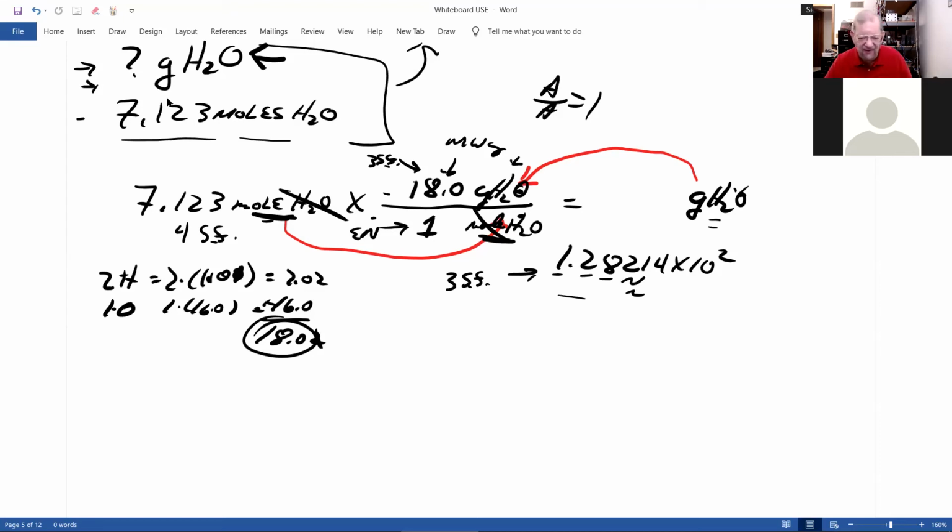Use the next digit, the 2, to round off. Is that 4 or less or 5 or higher? It's 4 or less, so I'm going to drop all this, including the 2, and it's 1.28 times 10 squared grams of water. So if I needed this many moles of water, I'd weigh out this amount of water.